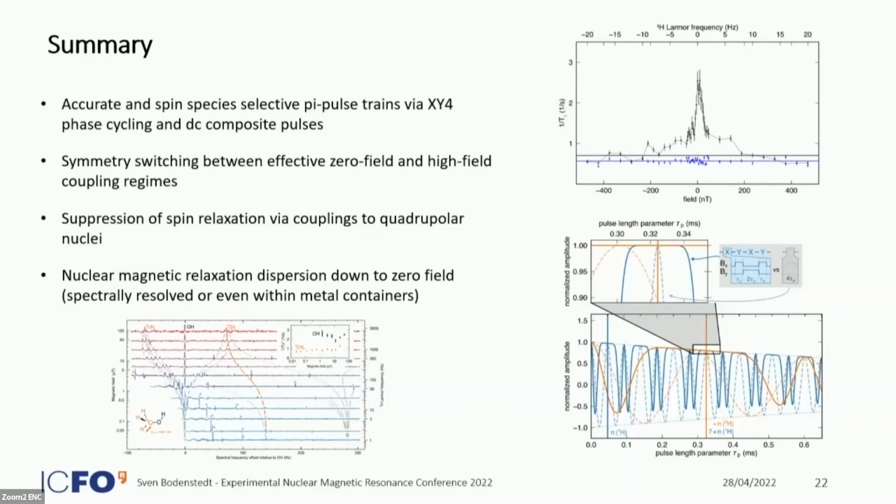But yeah, if you have different spin species, for example, not protons and hydrogen, but protons and nitrogen, which has a much different ratio of gyromagnetic ratios, then maybe you have to change your strategy.